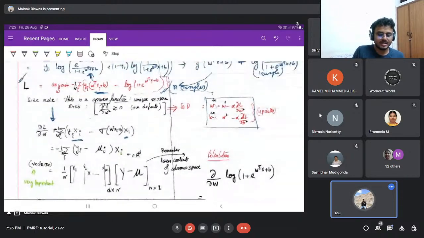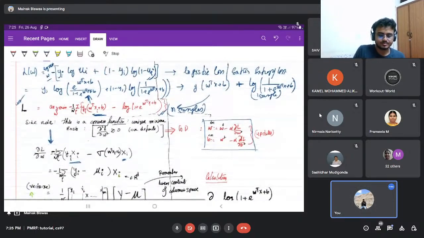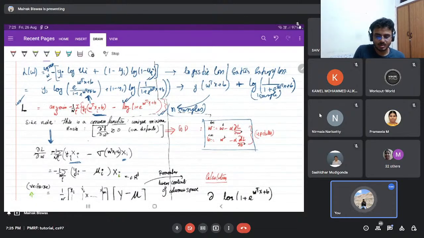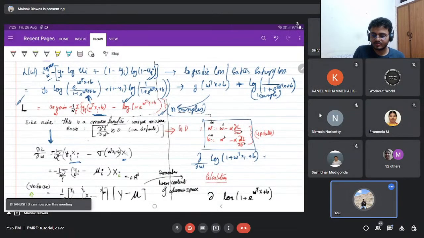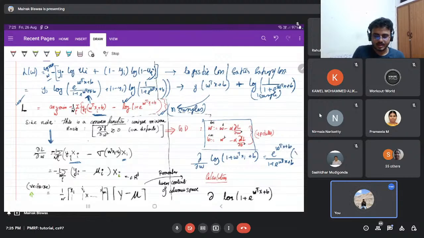From here, what I did is, this was this function. If you take the derivative of log with respect to w, you can do it both ways, by calculating the sigmoid, or you can also take the derivative of this. So you get 1 plus e to the power w transpose x plus b, and you have e to the power w transpose x plus b into xi.